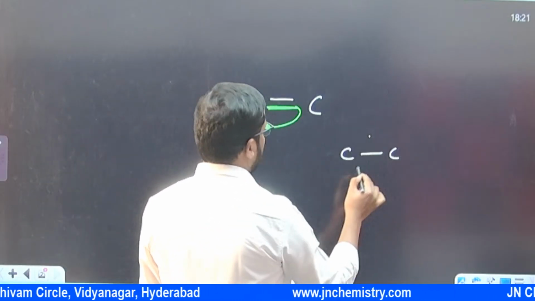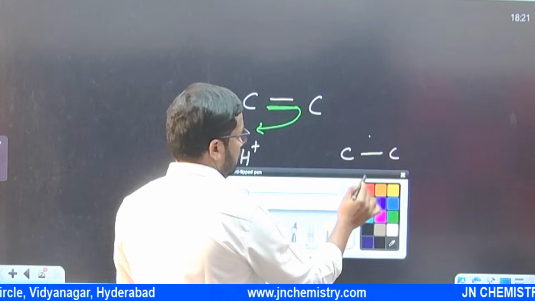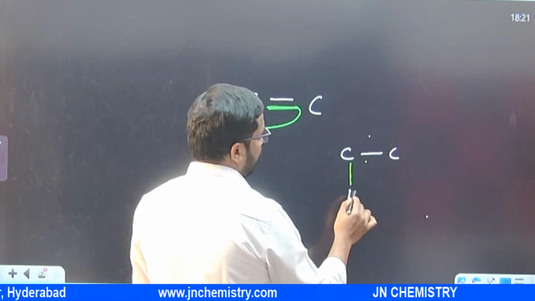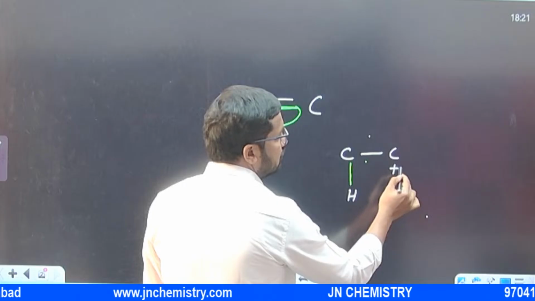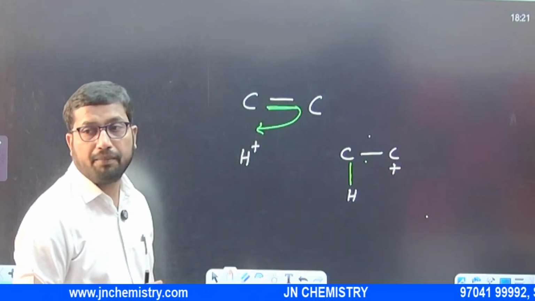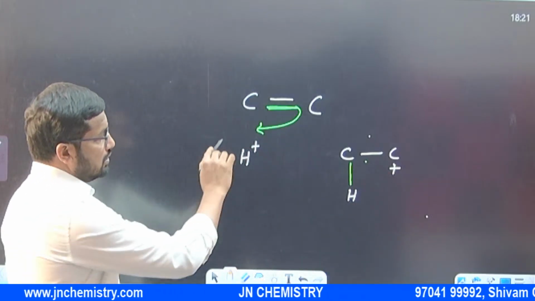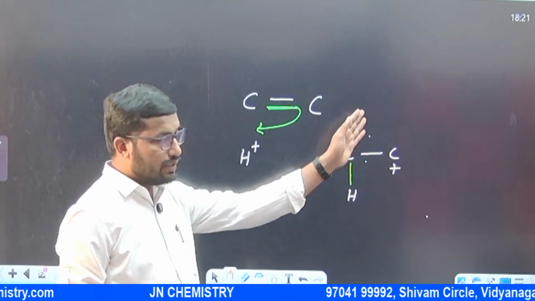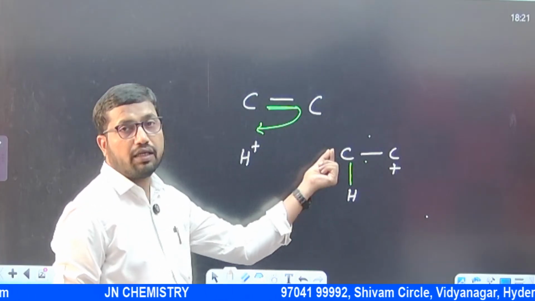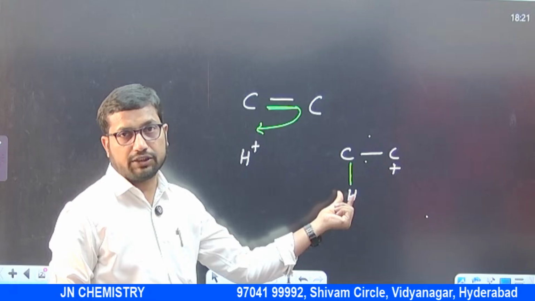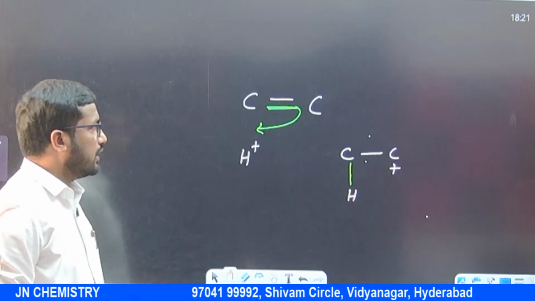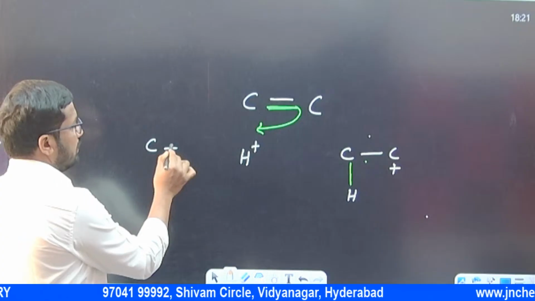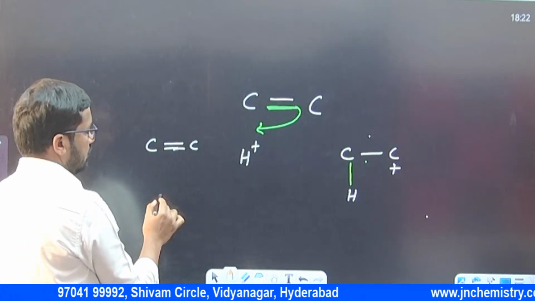So we get the bond like this, and this carbon will get which charge? Positive charge. But here I didn't write the negative charge, right? That bond came and the electrons were given to H plus.